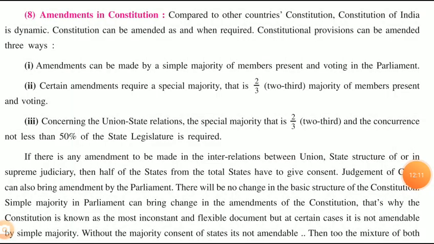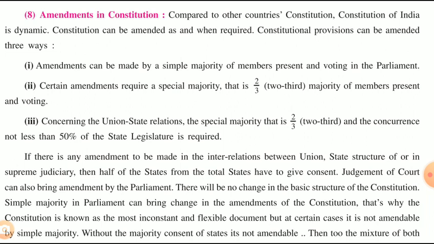In India, constitutional provisions can be amended in three ways. First, amendments can be made by simple majority of members present and voting in the parliament. It means if a change is required, and the majority of the members accept that particular change, then that change can be adopted in the constitution.